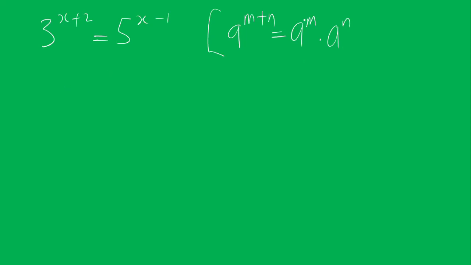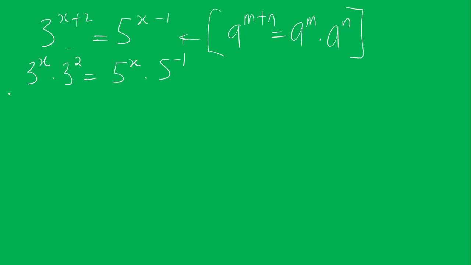We're going to apply it here. Applying it here, you have 3 to the power of x times 3 to the power of 2 is equal to 5 to the power of x times 5 to the power of minus 1.